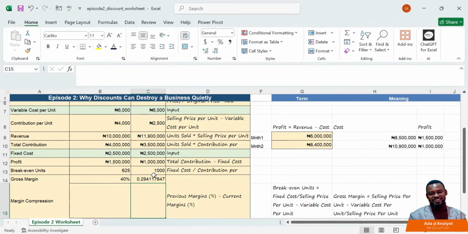We hit enter and it gives us that. If we multiply this by 100 manually, it gives about 29.4. But we can just format this into percent and we get 29%.